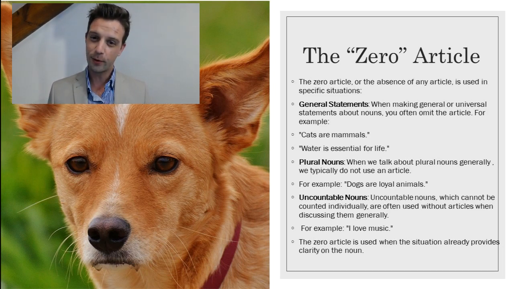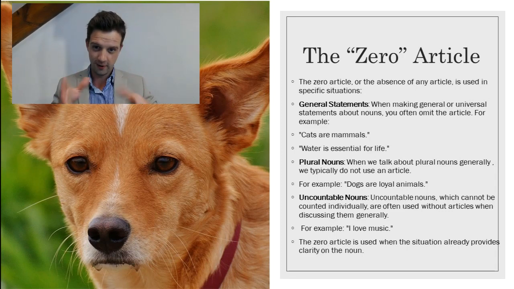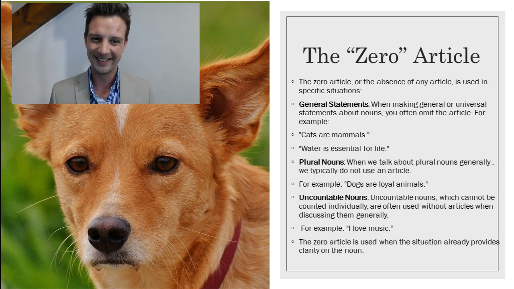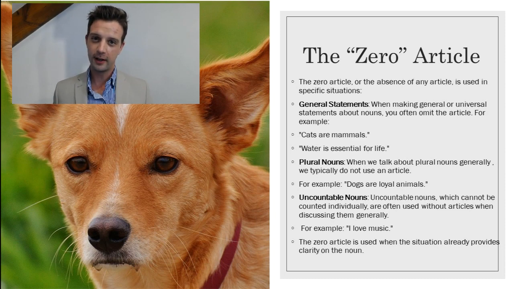Okay. For plural nouns, so that's when there's more than one. Okay, so when we talk about plural nouns, we omit the article. So for example, dogs are loyal animals, like the dog in the PPT. Also for uncountable nouns. So uncountable nouns like rice or soda or sugar.